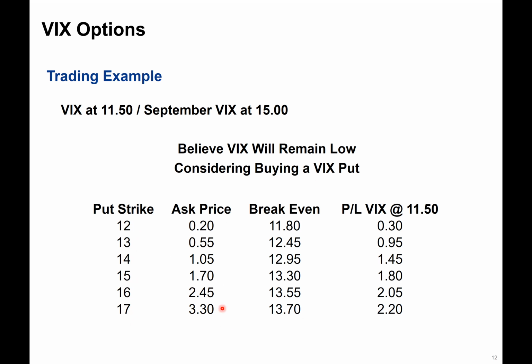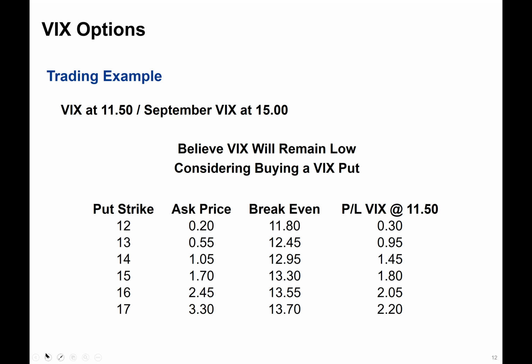If you bought the 17 strike put, which would increase in value as the underlying moves lower, you could pay $3.30 for it. As long as VIX is under 13.70 at expiration, you'd make a profit. And if VIX stays down at 11.50, you'd make a profit of $2.20.